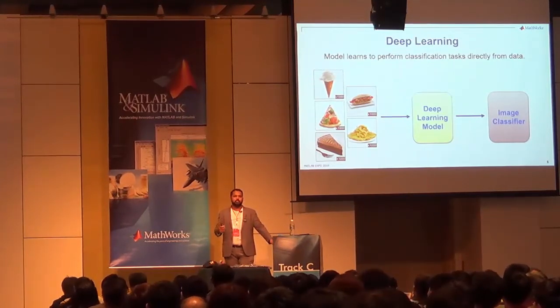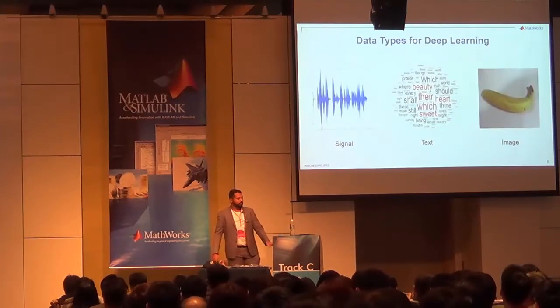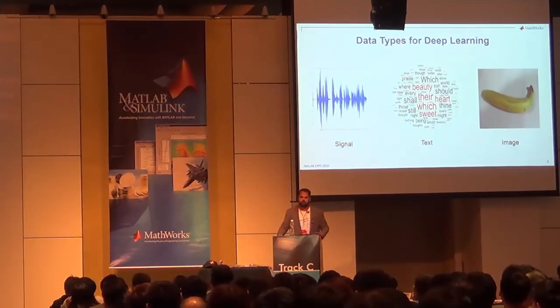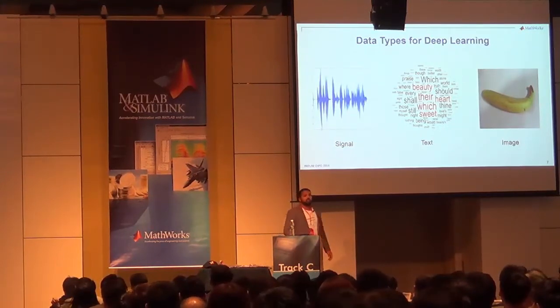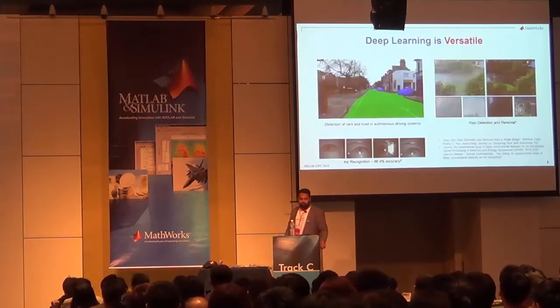You're not teaching the machine what is important about the data, what is not important about the data. That is inferred automatically. So deep learning can encompass many different data types. I'm going to focus for now on images because that's also where the AI field started. But there's a lot of different data types, signals, text, images, and you can imagine many other types of data as well.